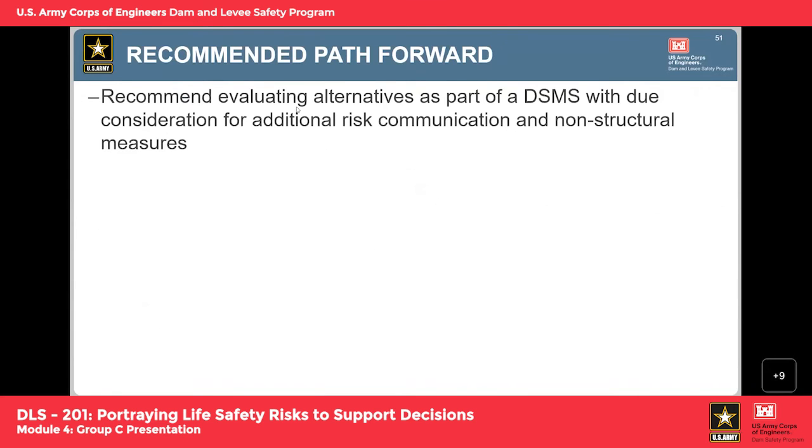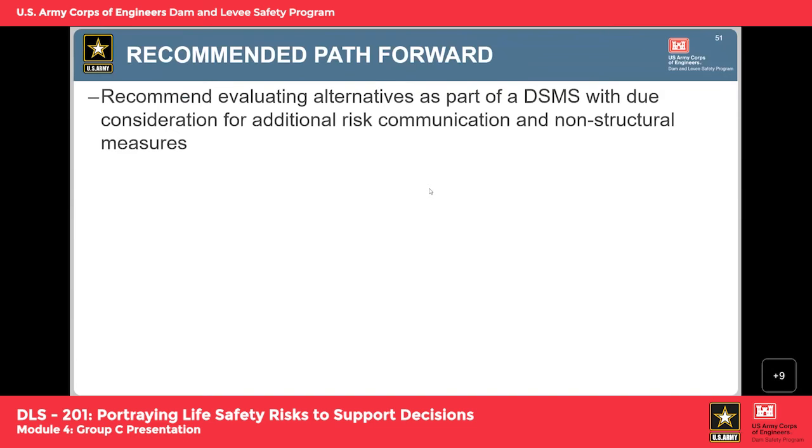The path forward. We recommended evaluating some alternatives in a DSMS with due consideration for risk communication and non-structural measures. So do more associated with warnings, or maybe look into getting out warnings and starting to mobilize people downstream depending on the level of distress, rather than just waiting until you know it's going to be a breach.